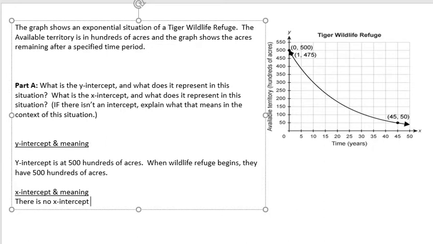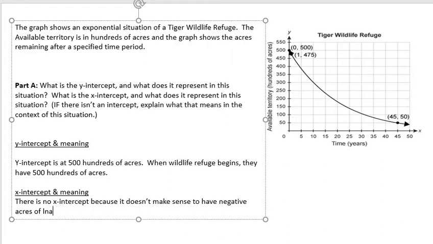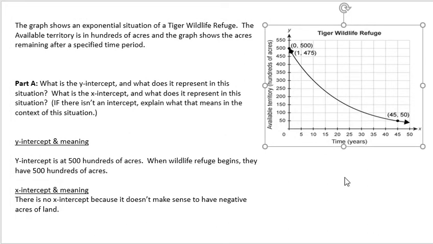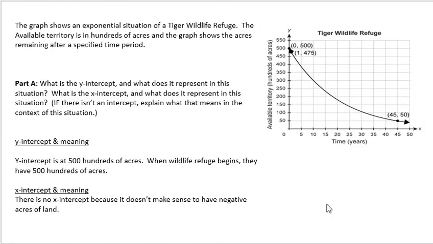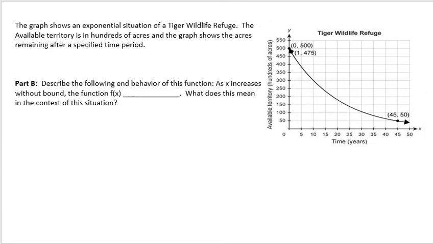So there is no x-intercept because it doesn't make sense to have negative acres of land. That's one way that I could describe that. A lot of you are pretty good at this y-intercept and x-intercept, but just use whatever graph you have as your context. Make sure you pay attention to what your labels are on your graph, and that will help you describe the situation.